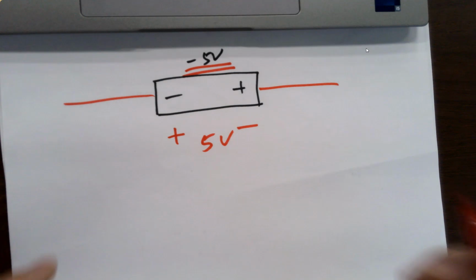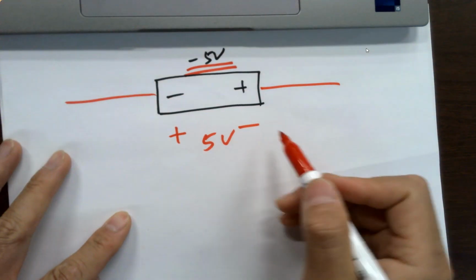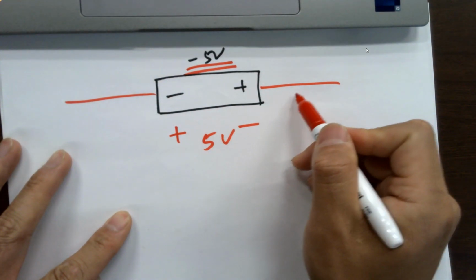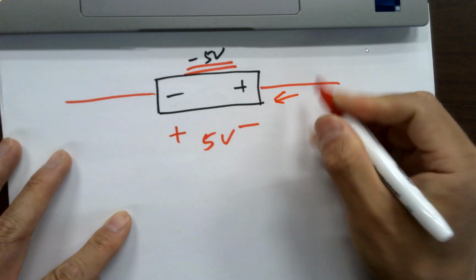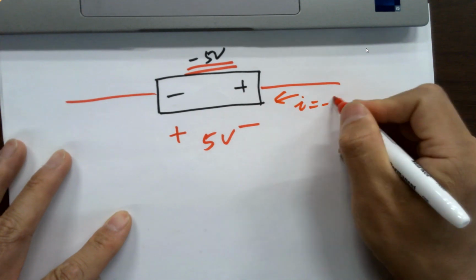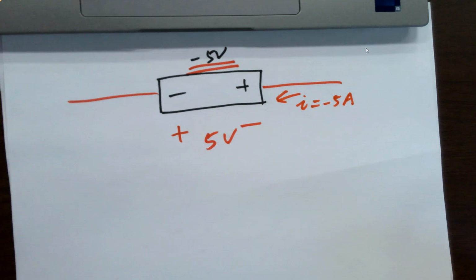It doesn't matter. If the problem labeled the current flowing that way and tells you it is minus 5 amps, what's the strategy here? Convert it to the real current. There's just one real current and one real voltage physically happening in the circuit, right?